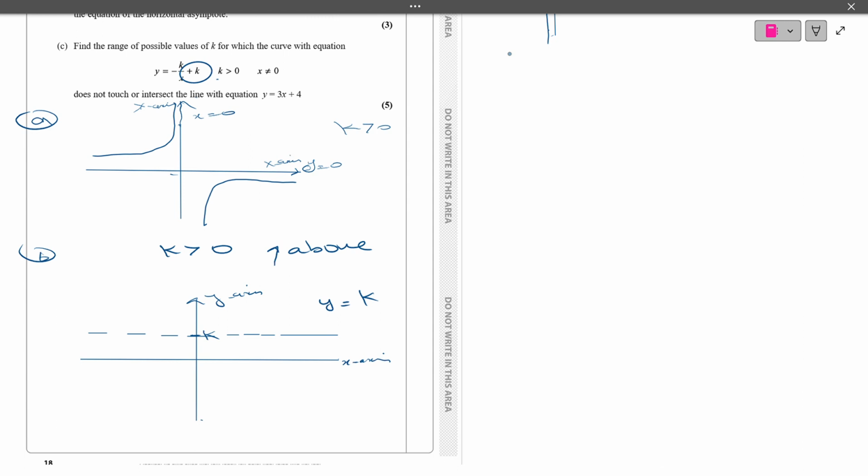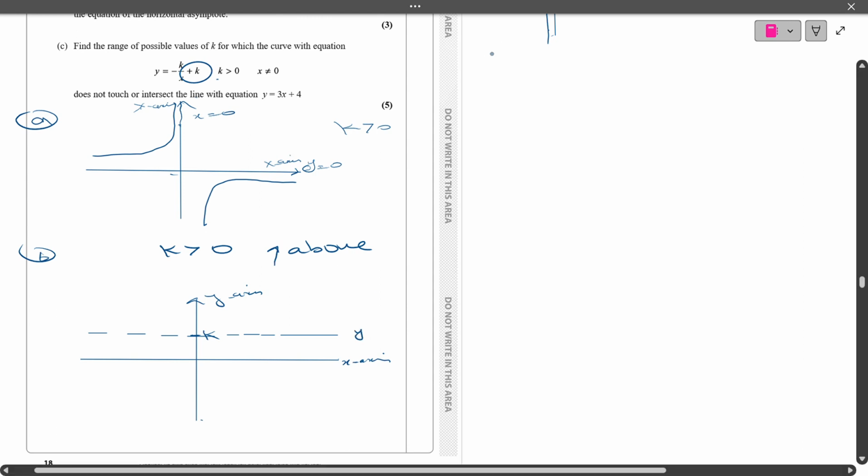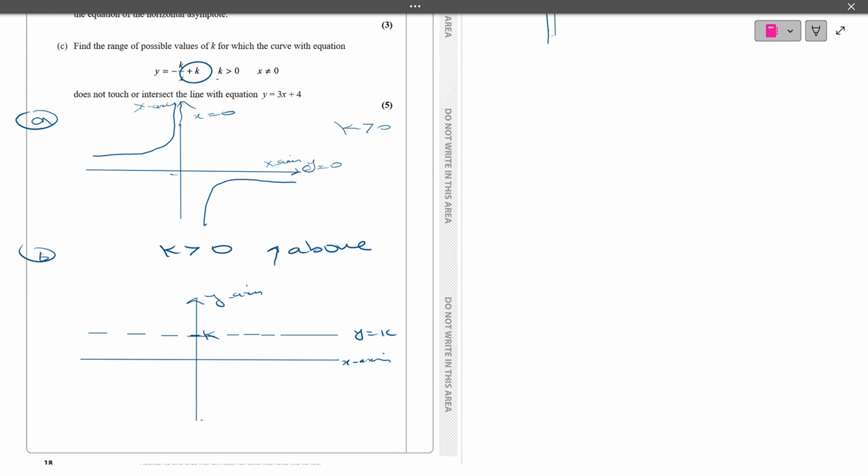So now I'm going to draw a curve along my horizontal asymptote. So this is y equals k.